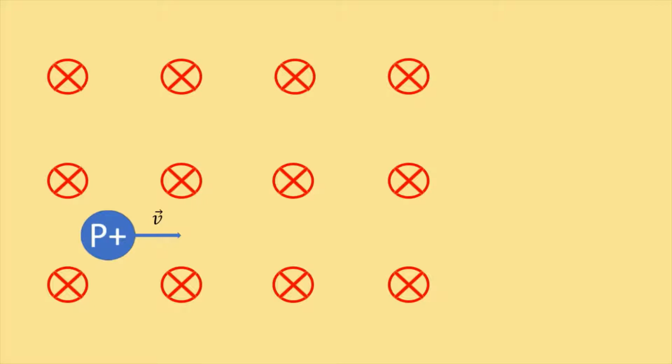To calculate this force, we will use this magical equation where Q is the charge of a proton, and then we have V and B, and between them you see this X sign. V is our velocity, B is the strength of the magnetic field, and this X sign means what's called the cross product.